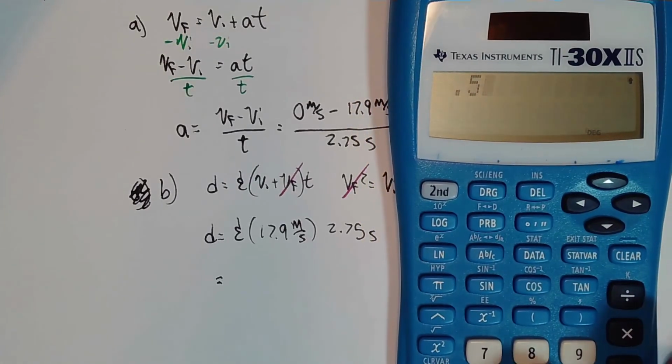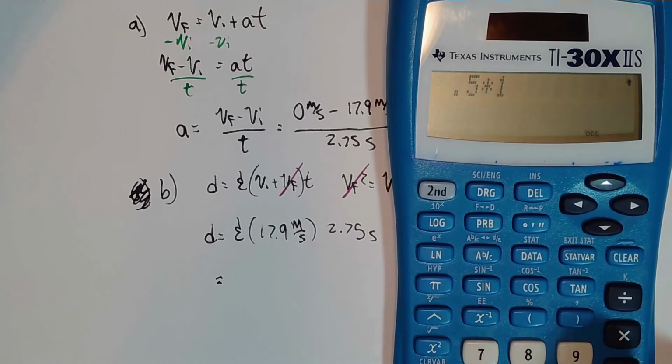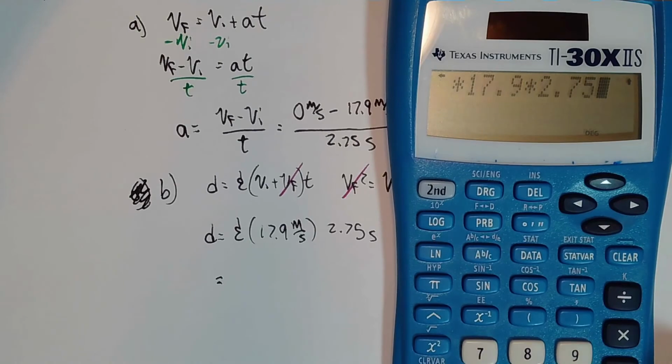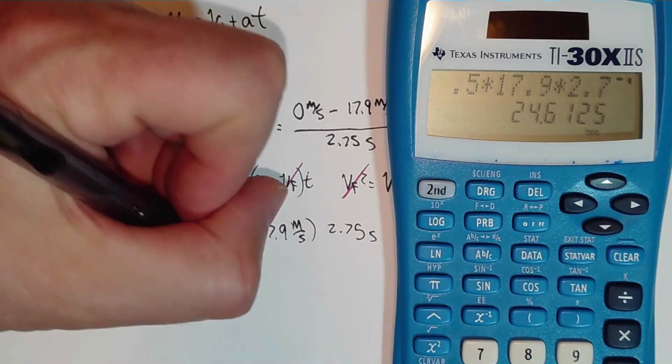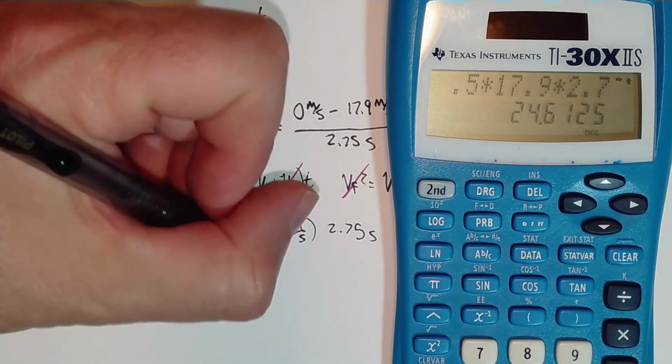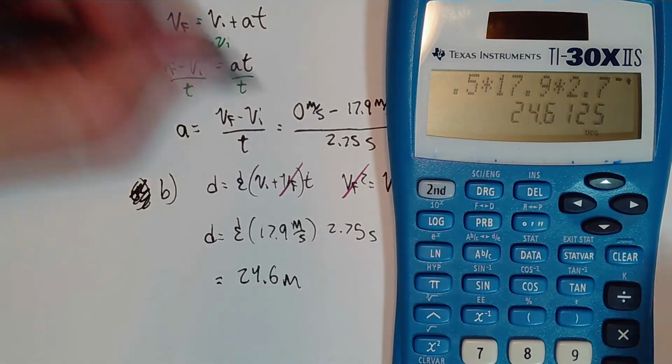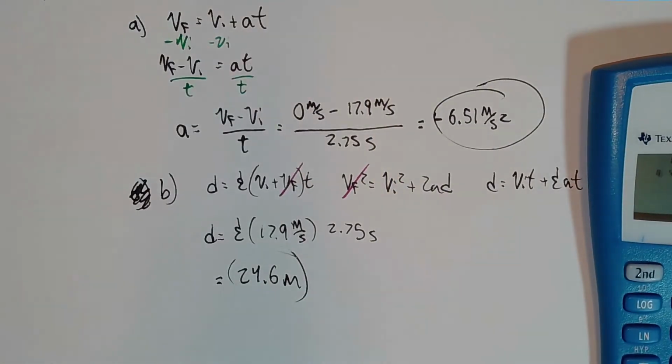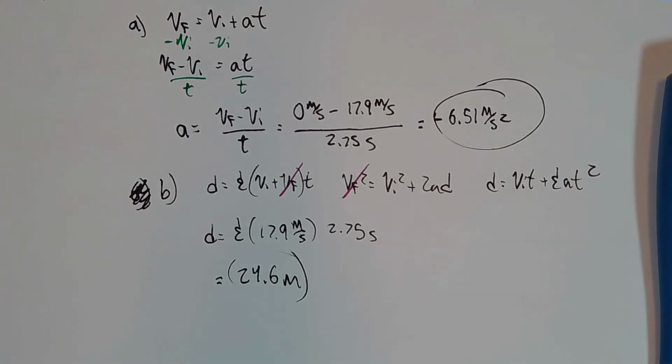We take 0.5 times 17.9 times 2.75. And we get 24.6 meters. And that would be the distance that you travel once you apply the brakes. So that's the basic way we set it up.